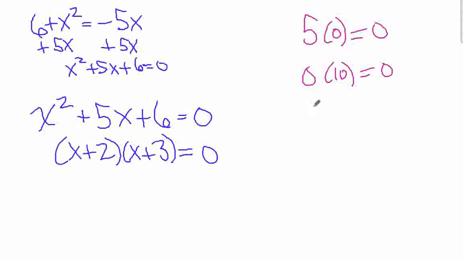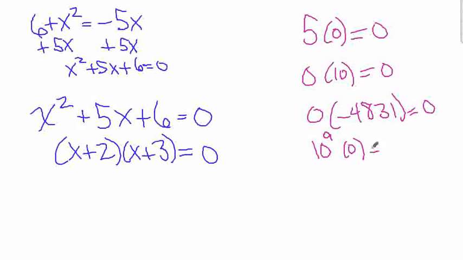How about 0 times minus 4,831? How about 1 billion, 10 to the 9 times 0? So those are a couple of examples. Did you notice that in every example you're multiplying by 0 somewhere? If you want a product to be 0, you have to multiply by 0 somewhere.